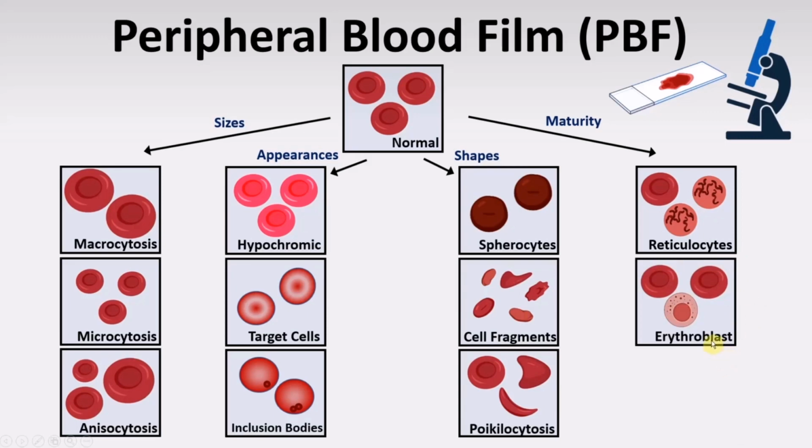For example, we see erythroblasts inside the peripheral blood smear. Or in the case of macrocytic anemia, sometimes you might even see huge erythroblasts known as megaloblasts, right? And erythroblasts and megaloblasts are not something that you expect to see in your PBF because they are not expected to be inside the circulation itself.